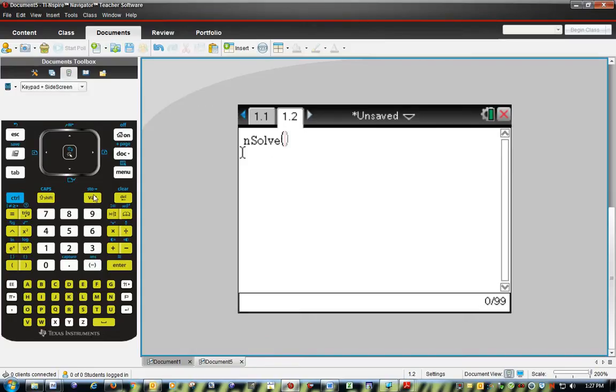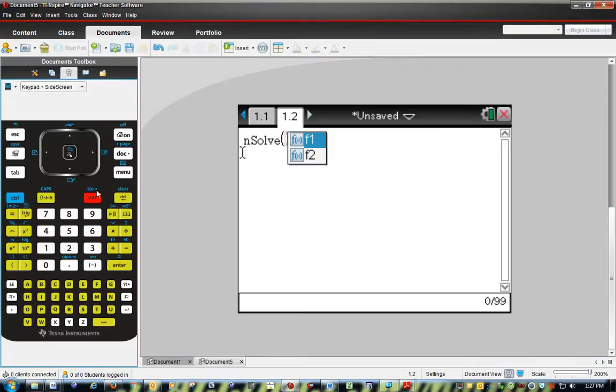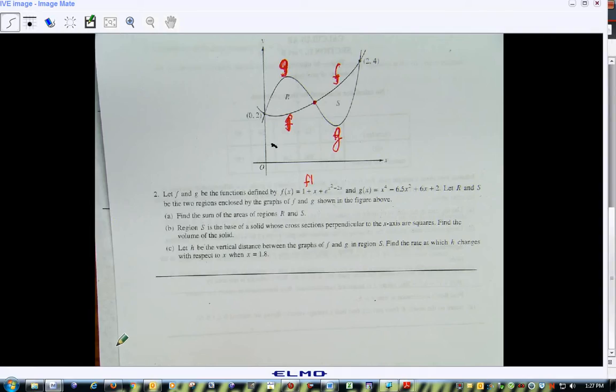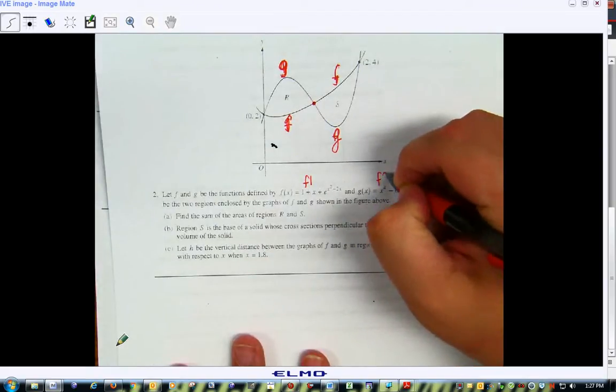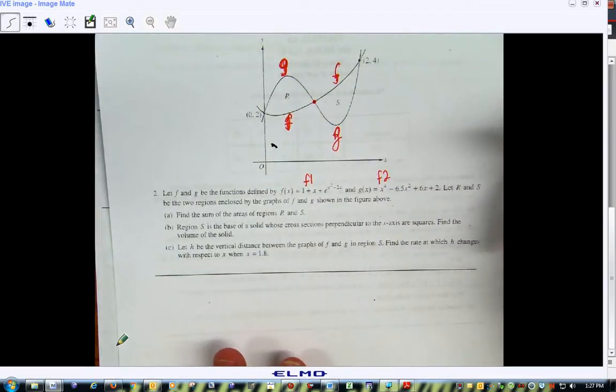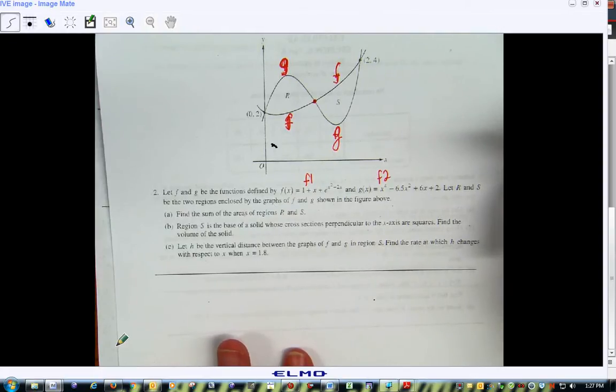Yeah, we're trying to find a volume. The cross section was a square. So why did I take f1 minus f2 and then square it? Yeah, because area of a square is side squared, and we get our answer from there.